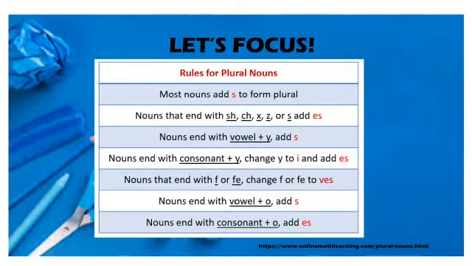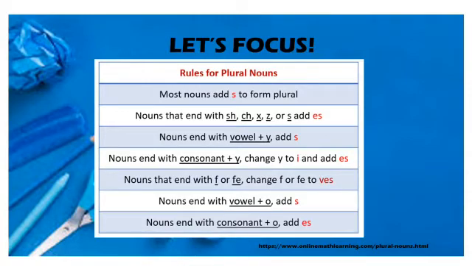Nouns that end with s, ch, sh, x, or z add es. Nouns that end with a vowel followed by y add s. Nouns that end with a consonant followed by y change y to i and add es. Nouns that end with f or fe change f or v to ves. Nouns that end with a vowel followed by o add s, and nouns that end with a consonant followed by o add es.